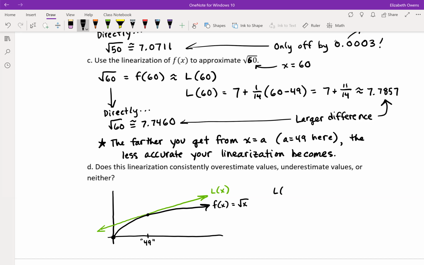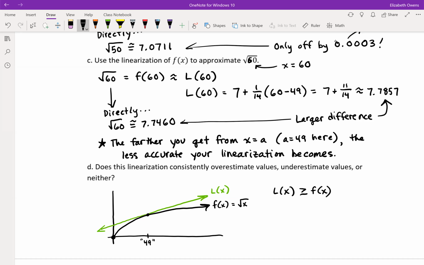So L of x is consistently greater than or equal to f of x. The point where it's actually equal is at 49 itself. That's where the two come together. They touch at that point.